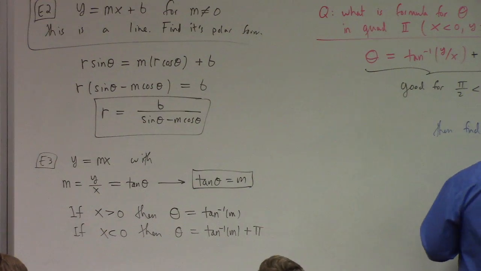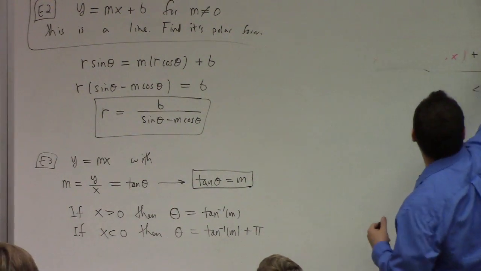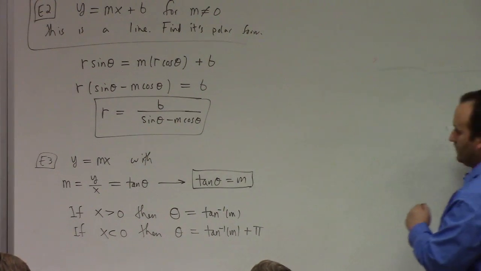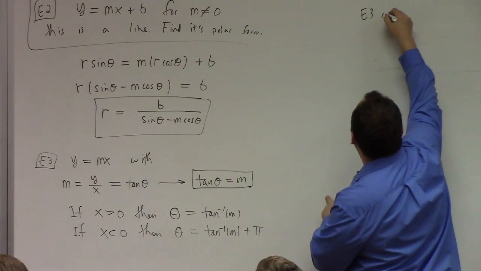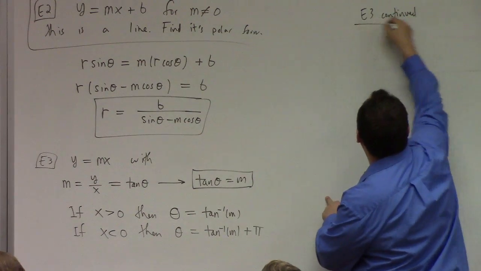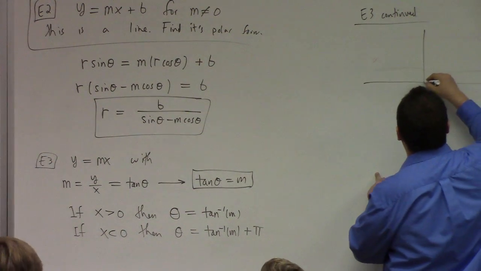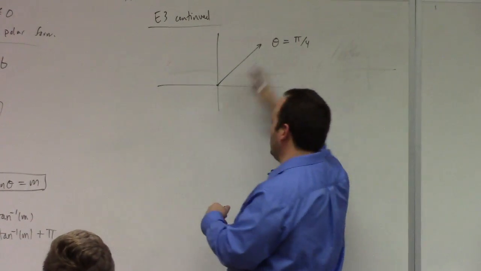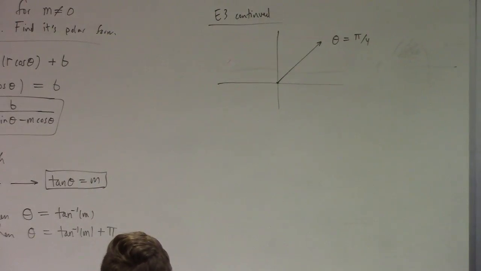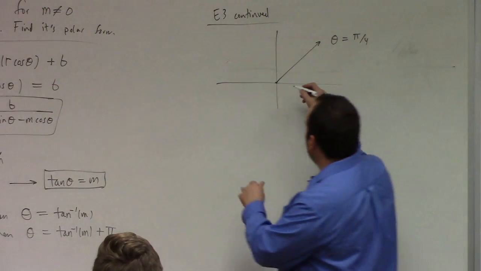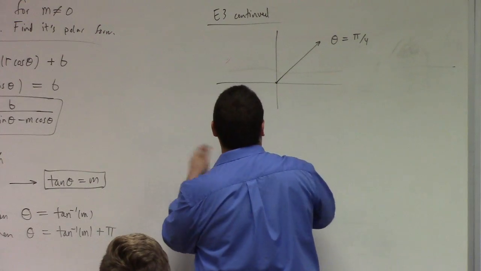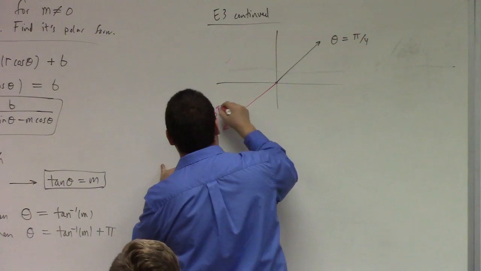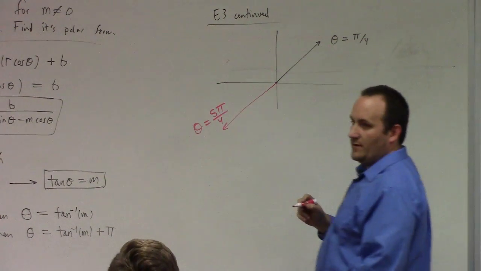Do you guys know what a ray is? So like this is theta equals 2 pi over 4, right? It just keeps going and going and going. On the other hand, this guy on the other side, down here, would be theta equals 5 pi over 4, right?